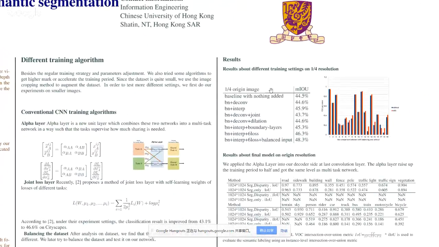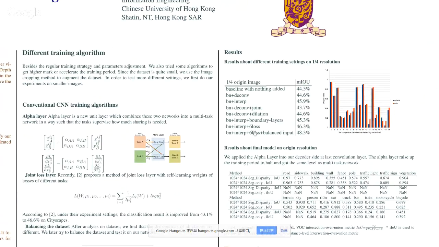We divided our work into two parts. In the first part, I use smaller images to get higher training speed and efficiency, so we can test different settings in this part. You can see I tried different combinations of the algorithms we mentioned previously.